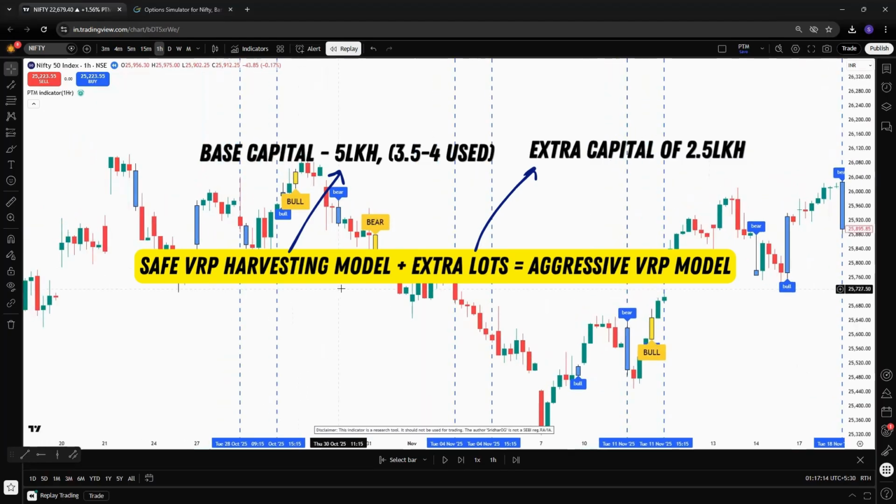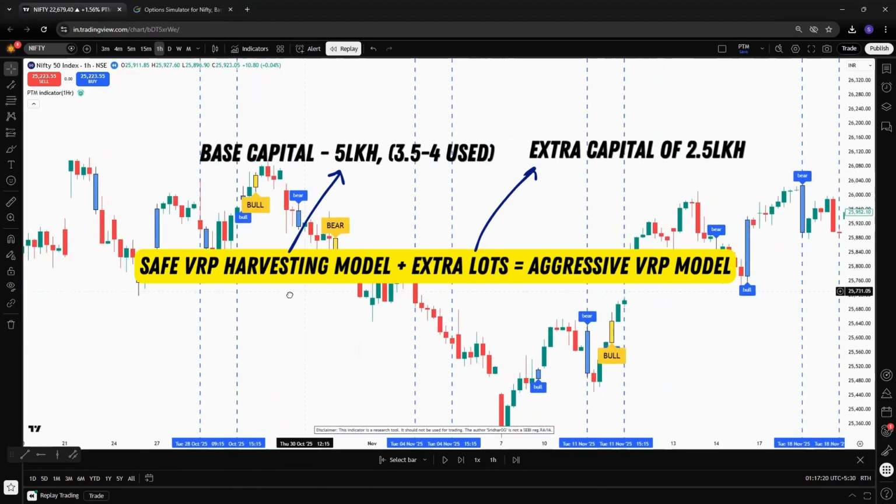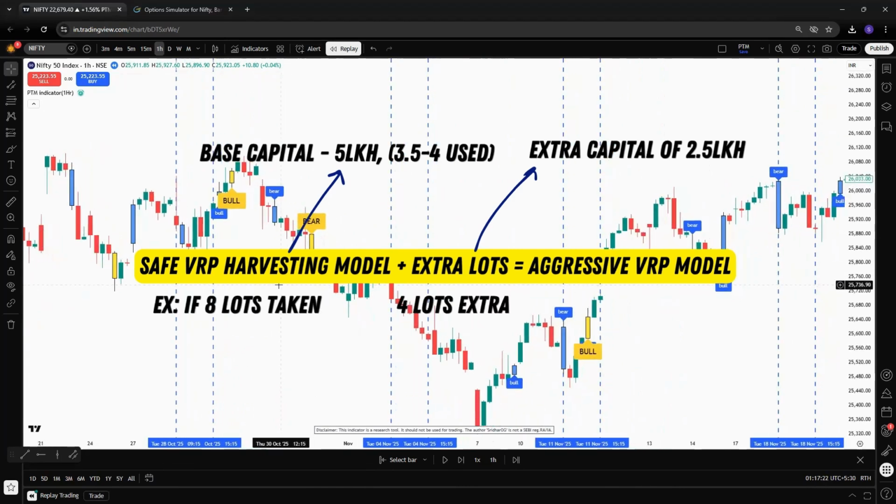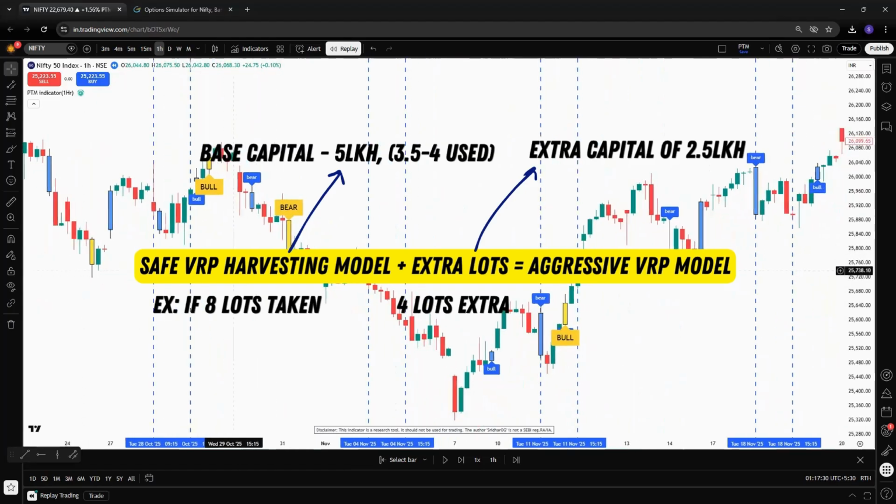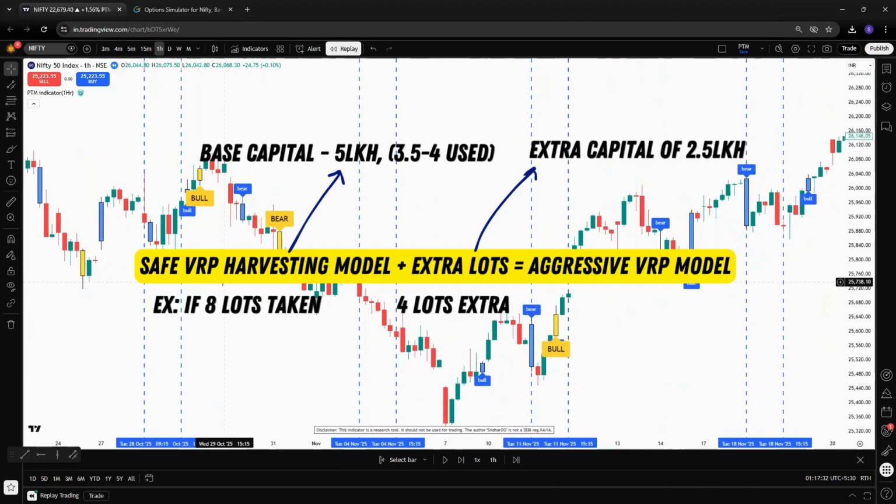If I'm using 3.5 or 4 lakh, I need half, because whatever lot size I'm using for my safe VRP harvesting model, I'm going to use half extra. So for example, if I'm using 6 or 7 or let's say 8 lots for the safe VRP harvesting model, then I am adding 4 lots more for my aggressive. That's all. That is the only difference.